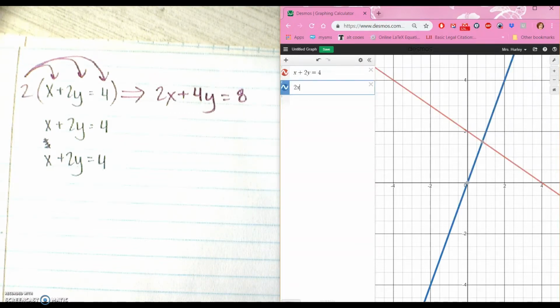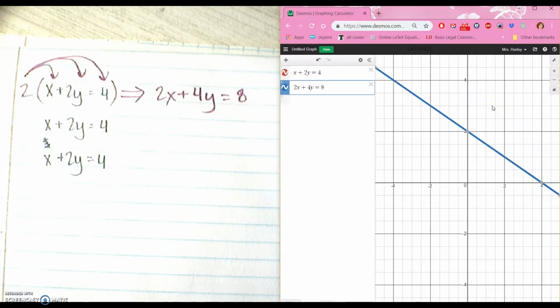Different coefficients, different numbers. 2x plus 4y equals 8. And what we noticed was that this graphs right on top of our first graph. It too has a y-intercept of 0, 2. It also has a negative 1/2 slope, a rise of -1, a run of 2.